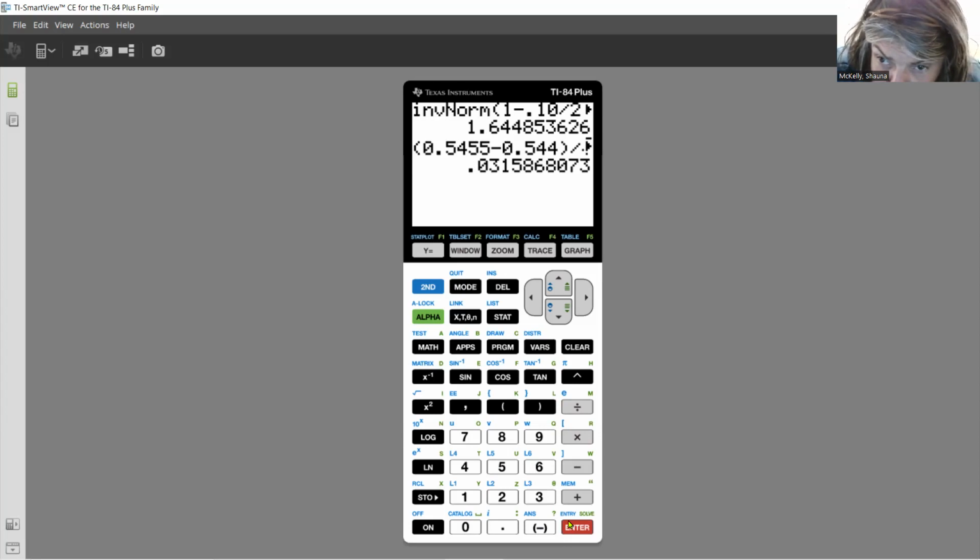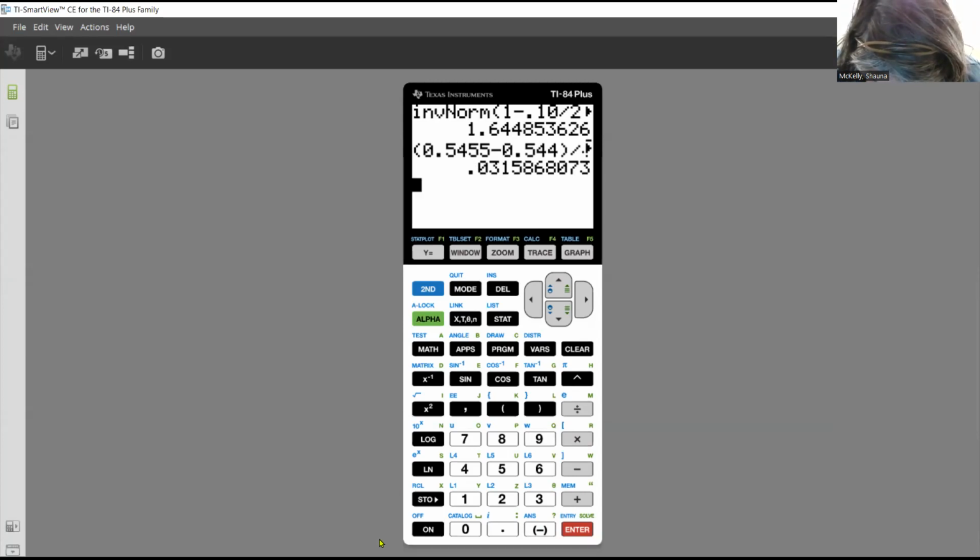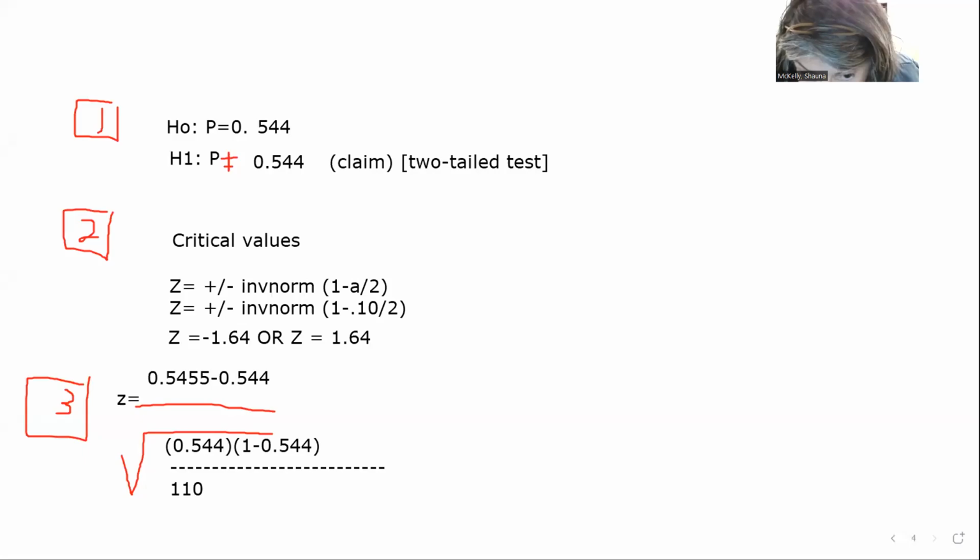So this is equal to 0.0316, and that is my Z.